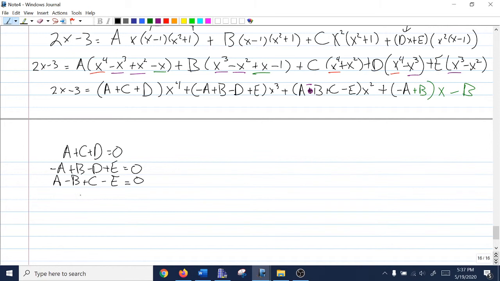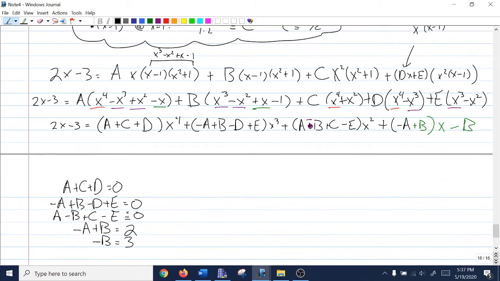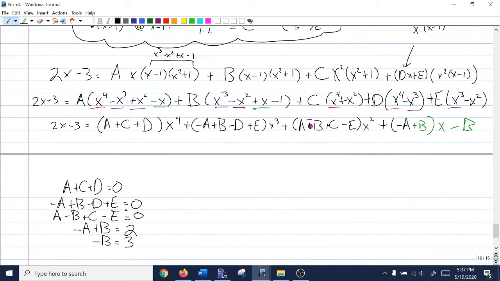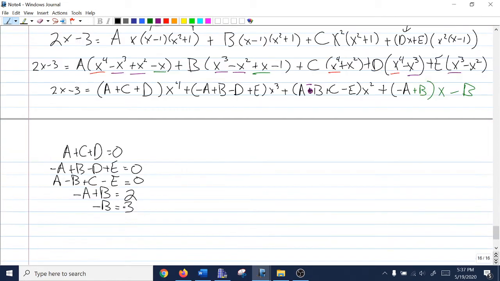What's my x term? Negative A plus B needs to equal 2, and negative B needs to equal 3. Are A and B the two that we got from the cover-up method? Oh, B we got from the cover-up method. A we did not. Okay, so we have A, B, and we secretly have C in our pocket.